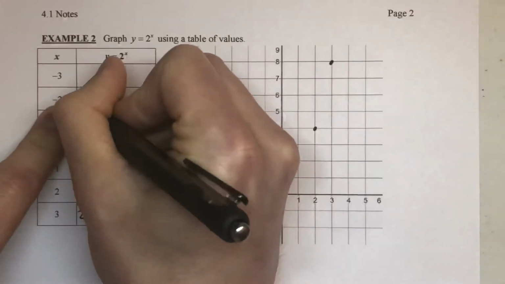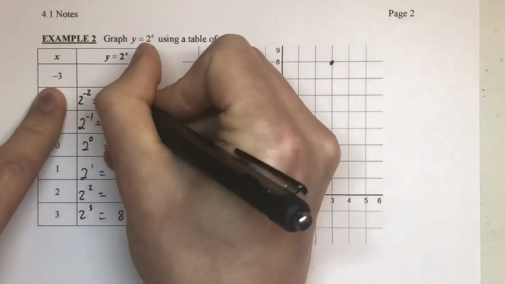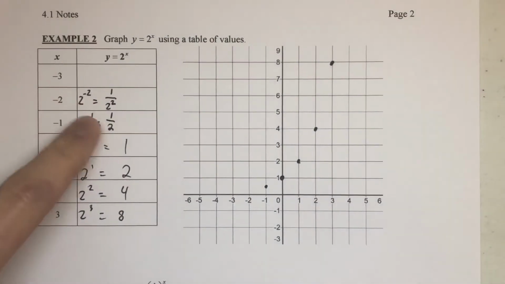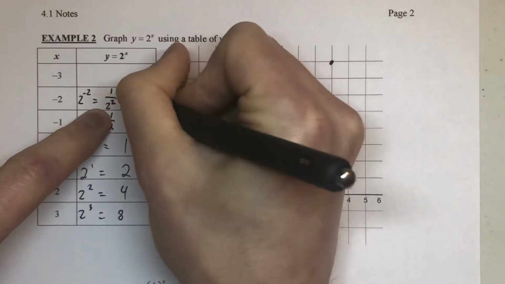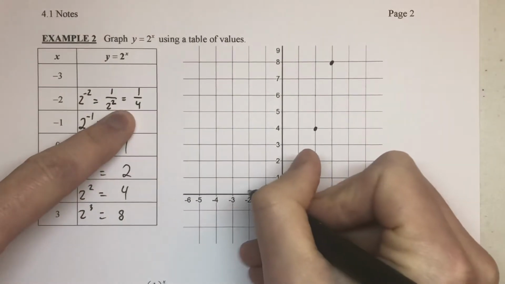But now what happens when I throw a negative 2 in here? Well, the negative exponent part still requires me to take the reciprocal, but now that 2 is being squared. That's a negative 2 for an exponent. You move it to the denominator, now it's a positive exponent, so that's actually 1/4. Plug in negative 2, get out a 1/4.